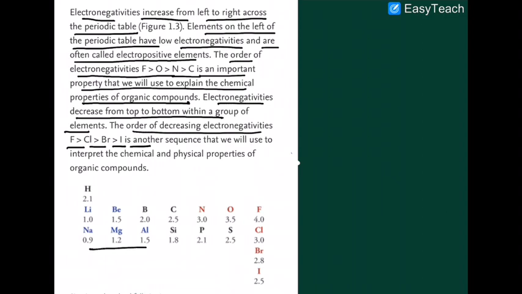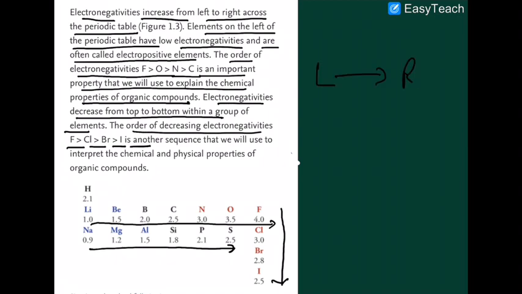Here you can see a continuous increase from 0.9 to 2.5 to 3. Lithium to fluorine, there is an increase up to 4. There is a continuous decrease from 4 to 2.5. So you can easily see all these trends: left to right increase, top to bottom decrease.